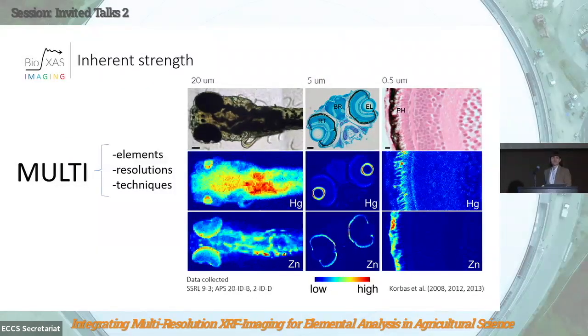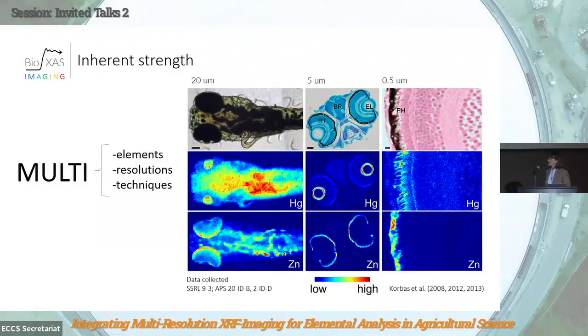I would like to present this project to indicate the importance and benefit, and the inherent strength, of multi-scale X-ray fluorescence imaging. In this study, researchers were interested in the bioaccumulation of mercury in a model organism, zebrafish, that was subjected to an acute concentration of methyl mercury.